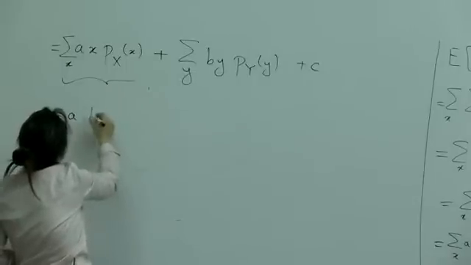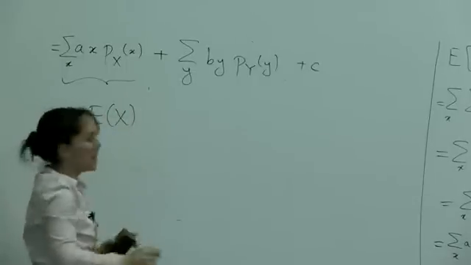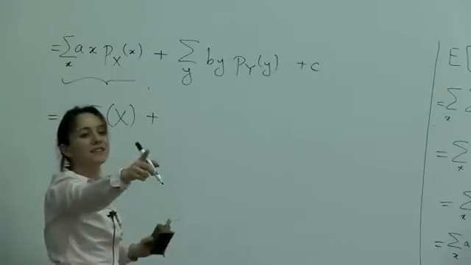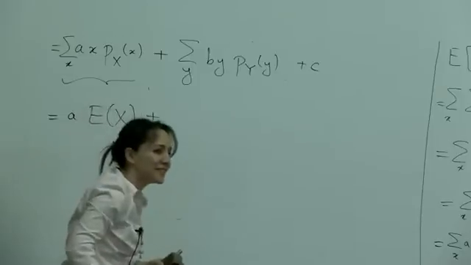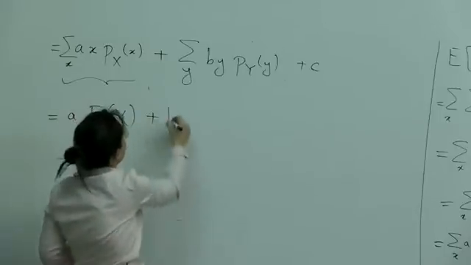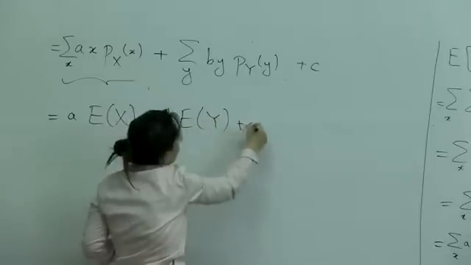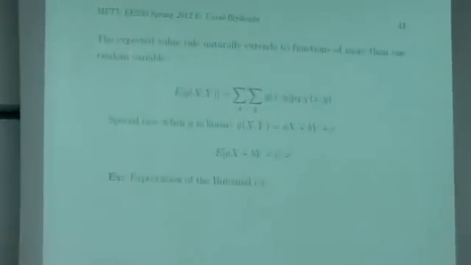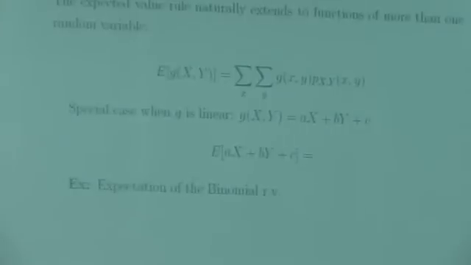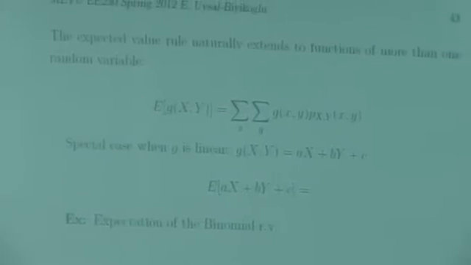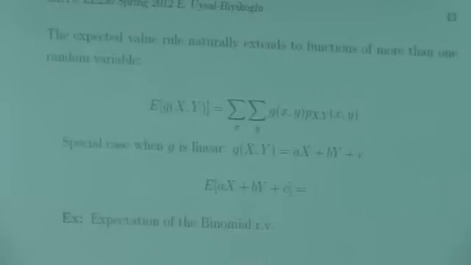Okay, a times expected X. Plus, what is the next one? Yes, please. Yes, b times E[Y] plus c. What did we do? We just showed that expectation is linear even if we have two random variables. Okay, the linearity of expectation extends to joint PMFs.